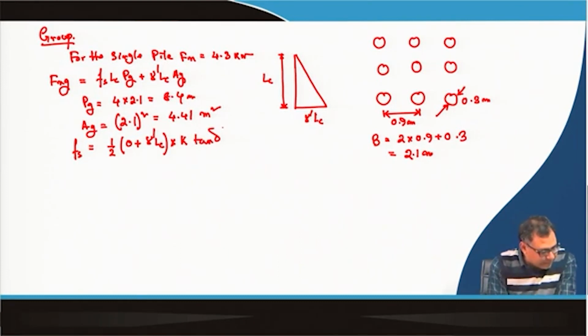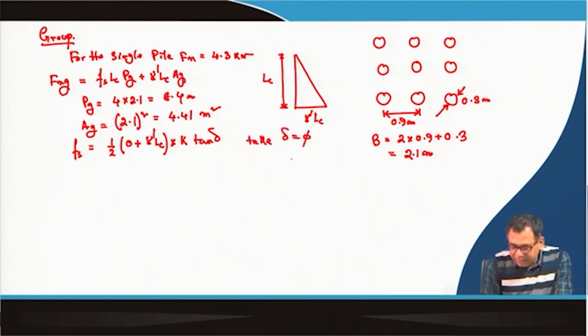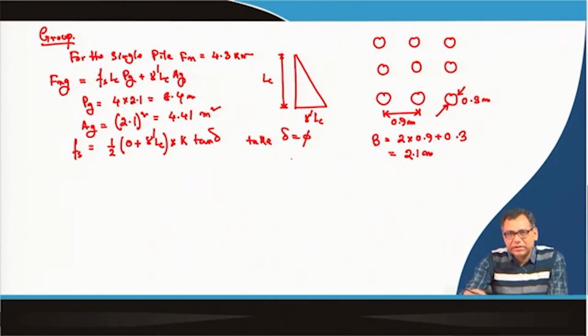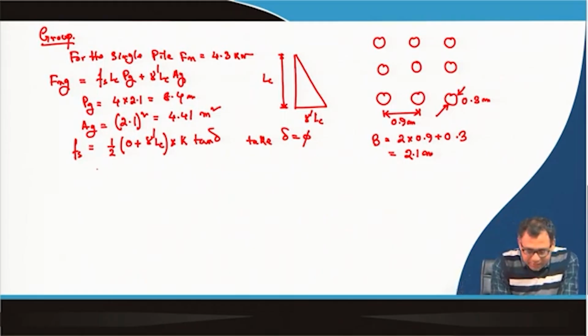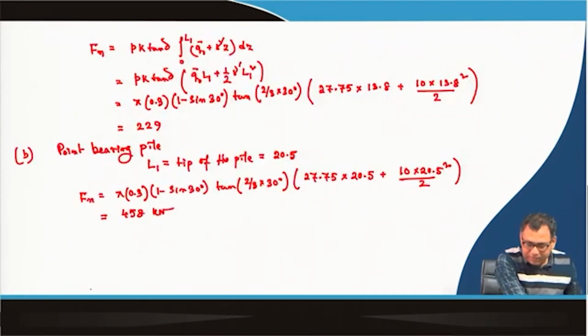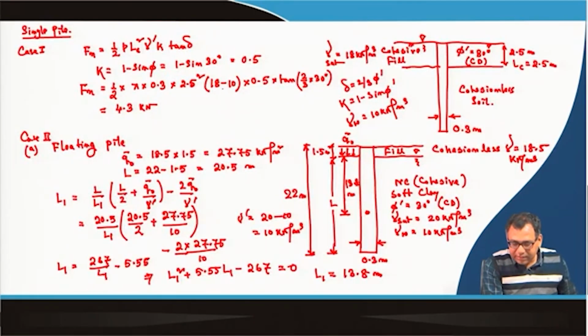If I take this case, delta is equal to phi, because the interaction is between soil and soil. So we can write half into gamma dash, which is 8, because gamma dash is 18 minus 10.